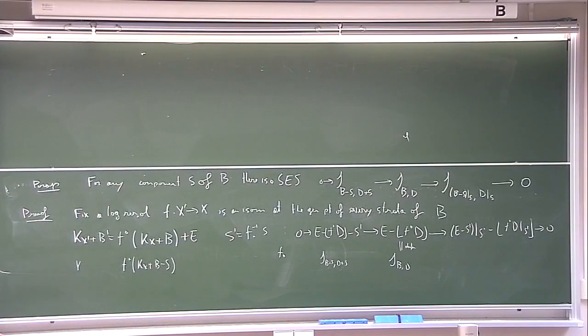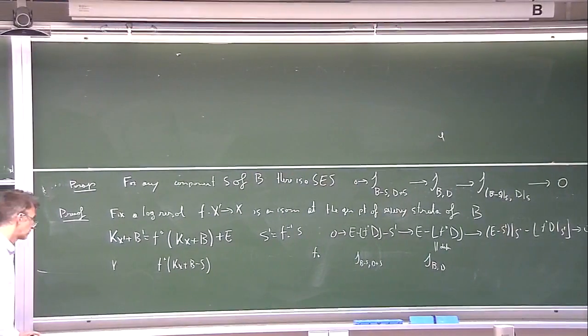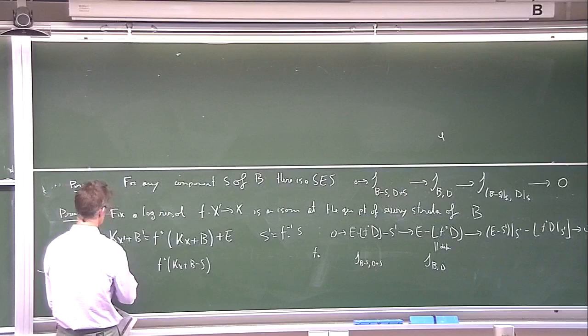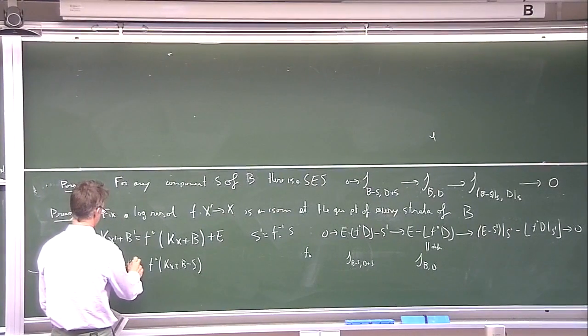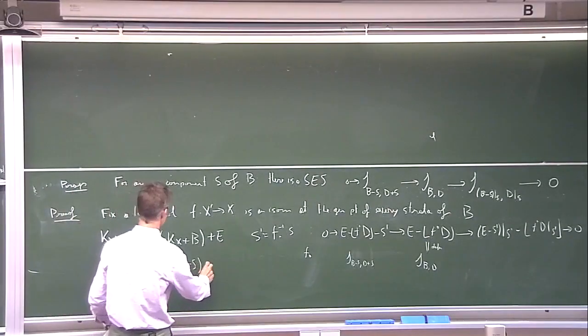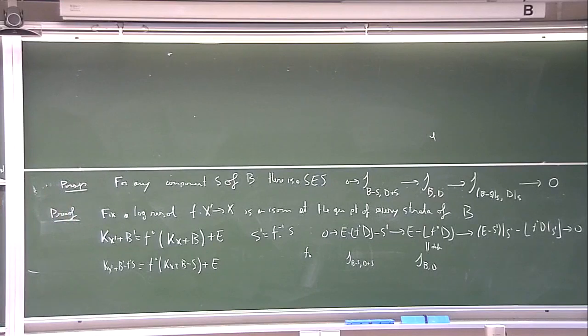Now when I pull that back, I will get K_X prime plus B prime minus the pullback of S equals this plus E. I did nothing interesting here. I just subtracted on both sides the pullback of S.